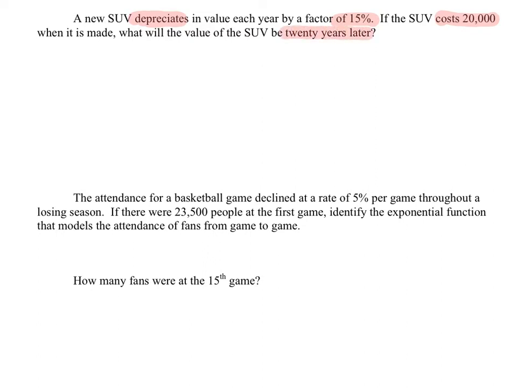All right, so we've got all the information we need to solve this problem. We're just going to put it into our formula. So our amount is going to equal our principal amount times 1 minus the rate of decay to the t over n. The principal amount is what it starts off being valued as, and that's $20,000.